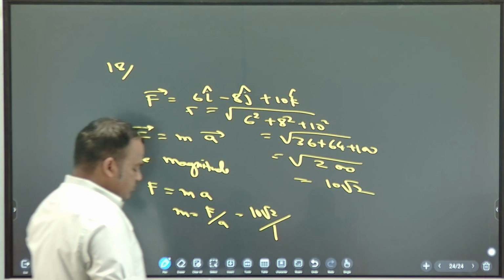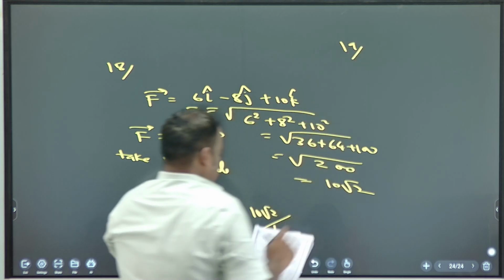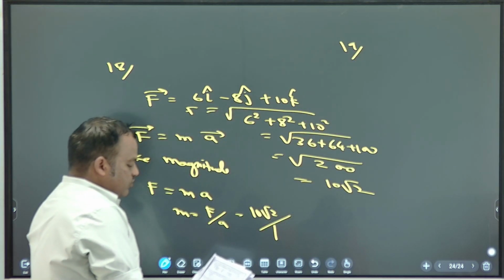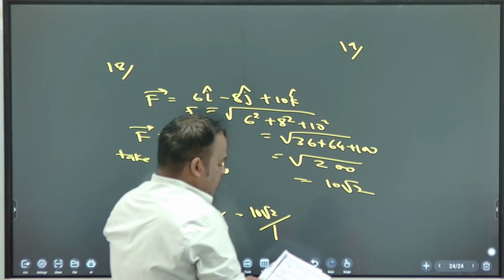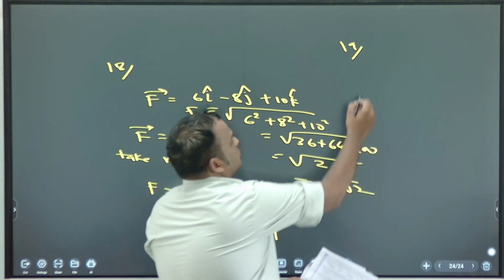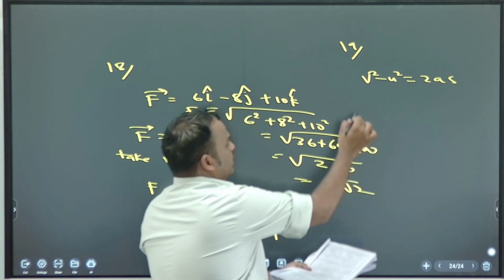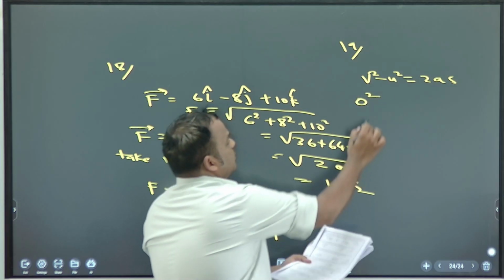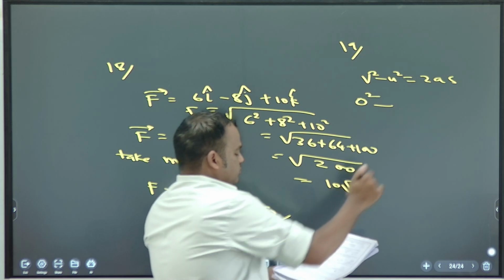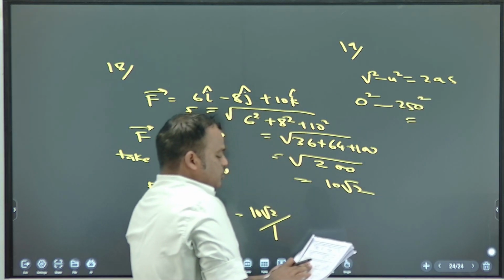Average force. 19th question. Average force needed to stop a bullet penetrating into wood for 12 centimeters. So use v square minus u square is equal to 2as. So what is v square? Finally it stops. And u, what is u? 250, and 2a.